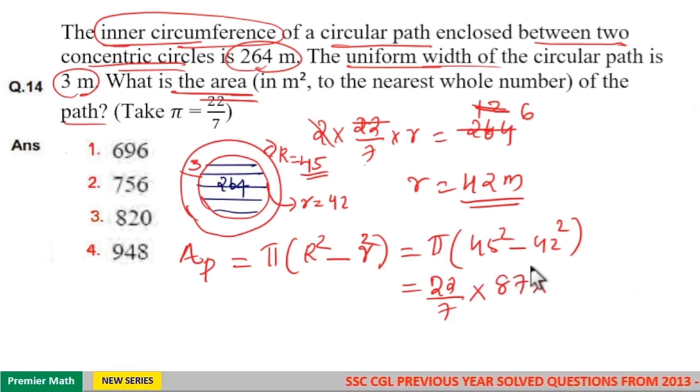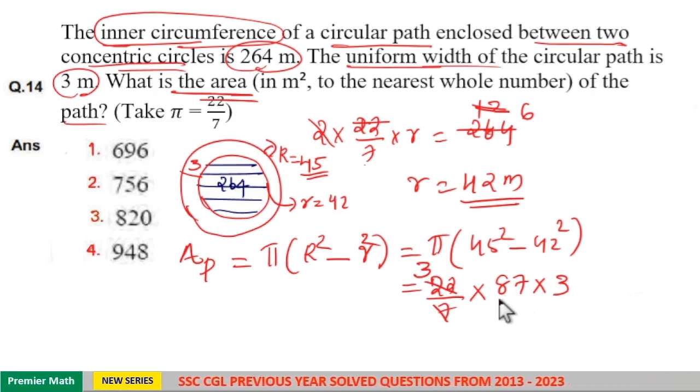A minus b is 45 minus 42, which is 3. So here, if I approximate this 22 as 21, 7 goes 3 times in 21. So 3 into 3 is 9. 9 into, if I consider this as 90, 9 into 90 is 810.